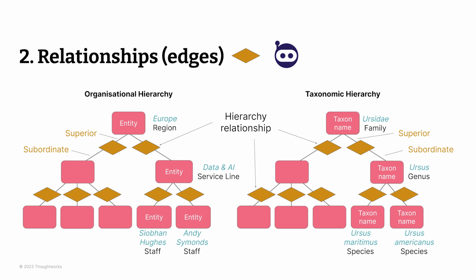The nice thing is that within a relationship, the entities on either end of that relationship can play a role. And this is how we represented the hierarchy. So you knew what was higher up and lower down the hierarchy, because on the right here, this family plays a superior role in this relationship, and the genus, which is below it in the hierarchy, plays a subordinate role. So you can attach that to it.